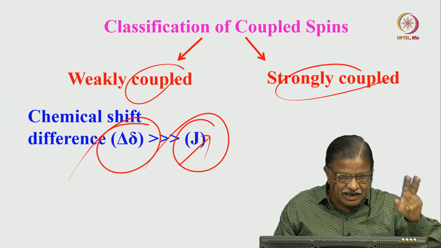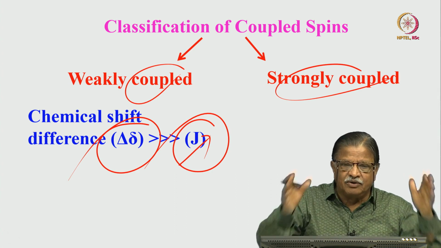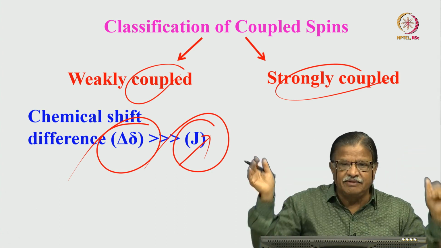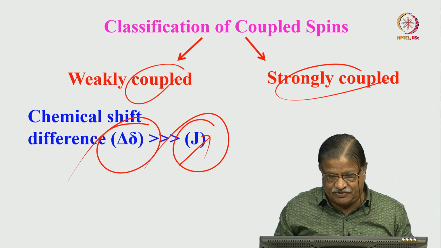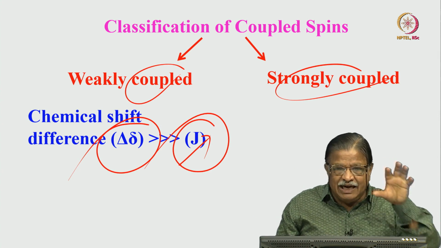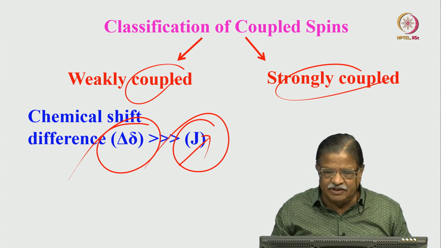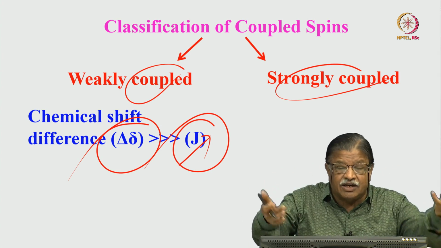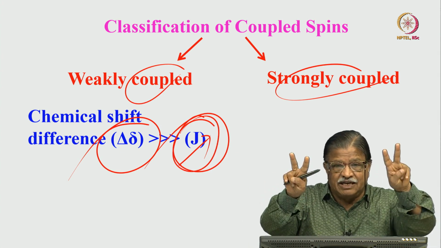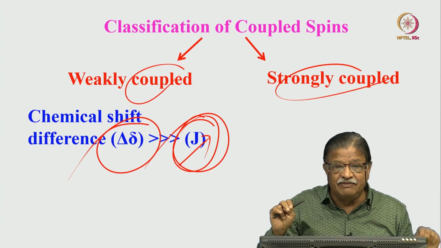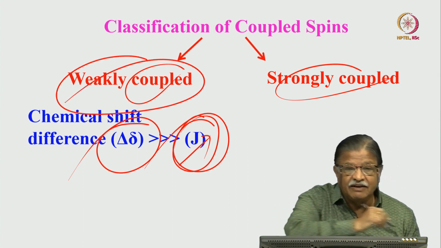Consider the example of two spins with two different chemical shifts; measure the difference in the chemical shifts. If that difference is very large compared to the coupling strength, which is, let us say, a doublet of doublet, these spins are called weakly coupled.